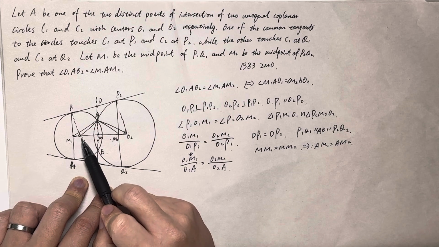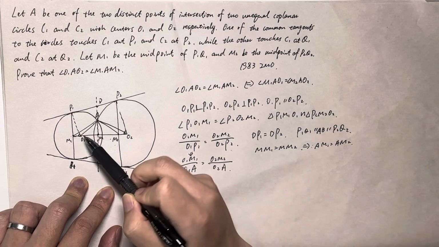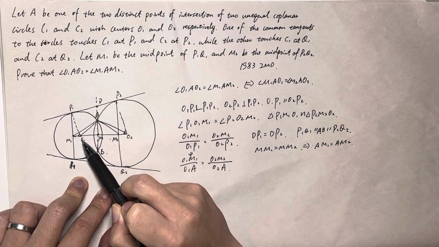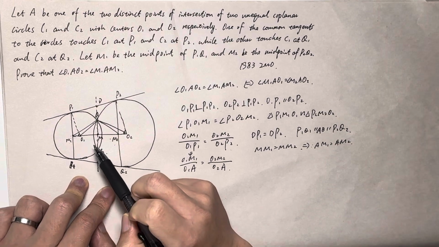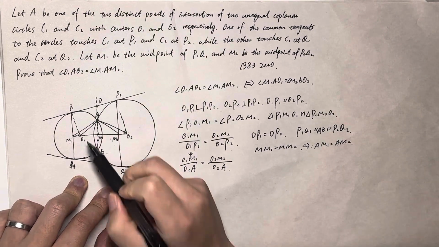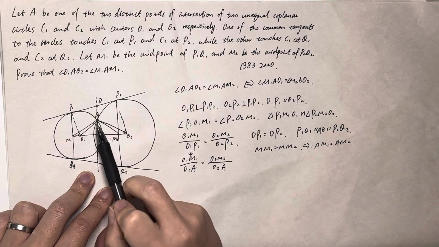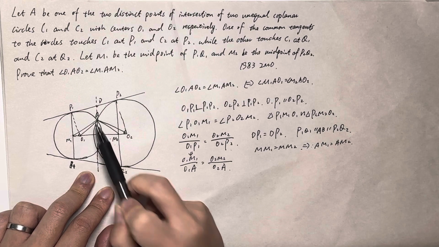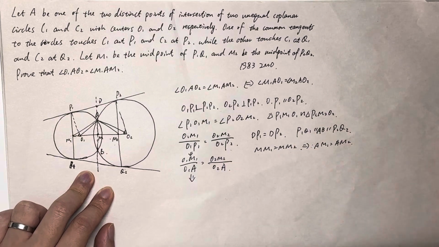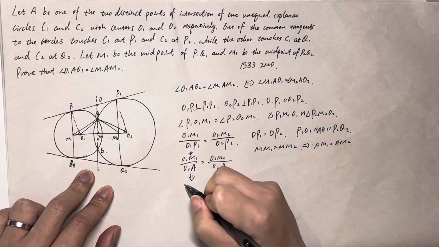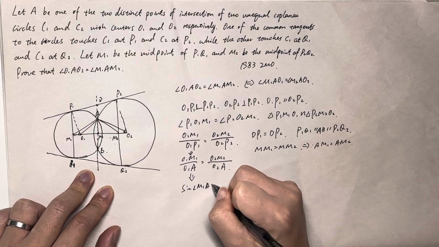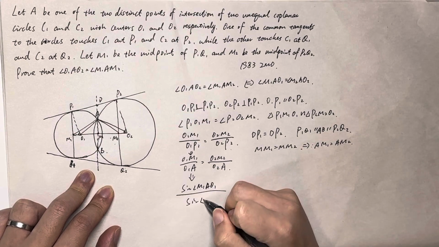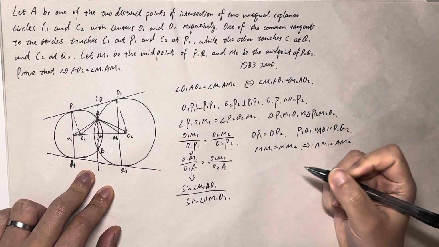And O1M1, look at the triangle AM1O1, and we use the sine theorem. We get O1M1 to O1A equals sine angle M1AO1 to sine angle AM1O1.